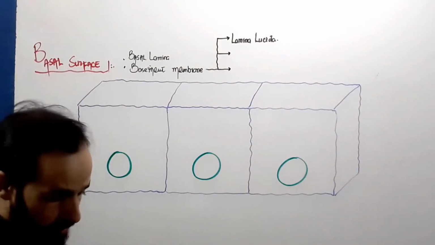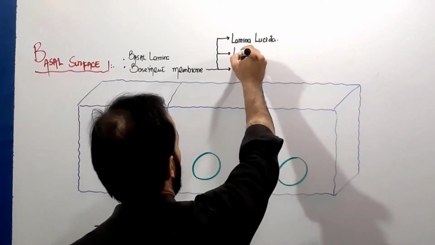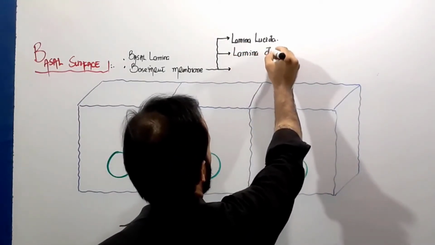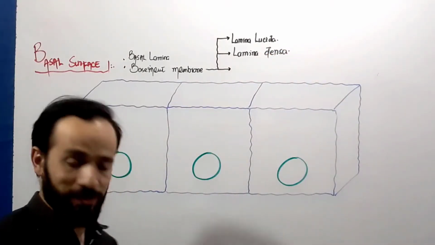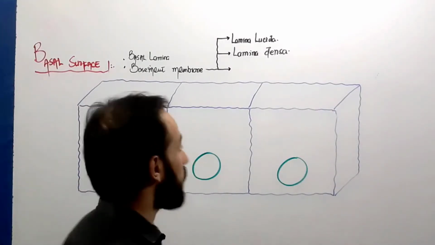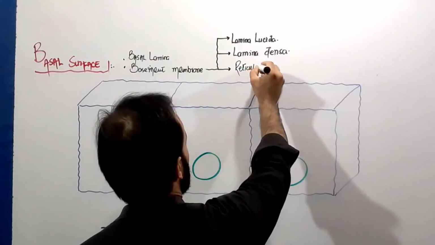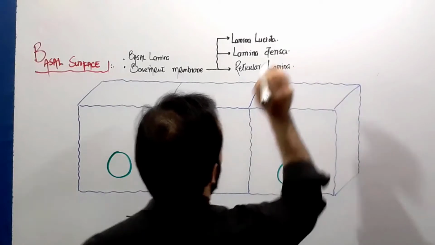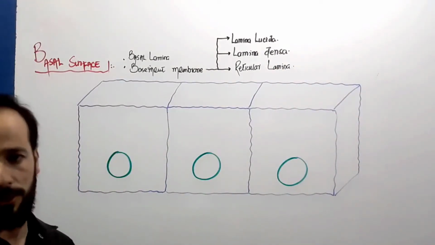Then the second one is called the lamina densa, which is dense and contains lots of fibers. And then there is the reticular lamina, or lamina reticularis.